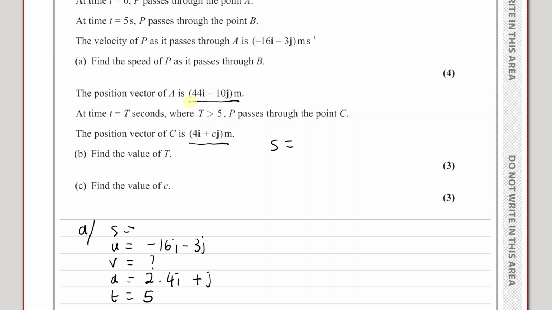The displacement is the new position take away the old position. So 4 take away 44 is negative 40, and c plus 10. So that is our displacement.